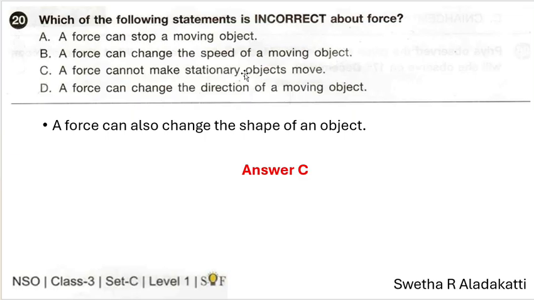Okay, NARY is a motionless object. A force can make stationary objects move, so this is incorrect. A force can change the direction of a moving object. Yes, in whichever direction you change it, it will move. What is another extra feature apart from these four which we have seen? It can also change the shape of an object. Okay, so we go with option C.